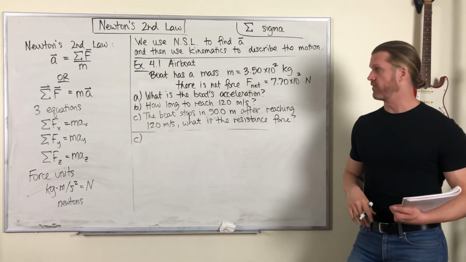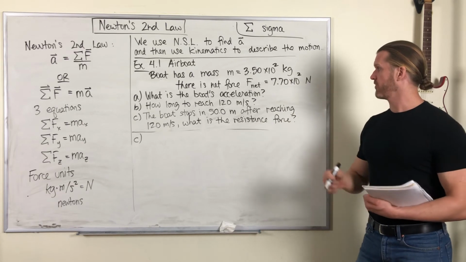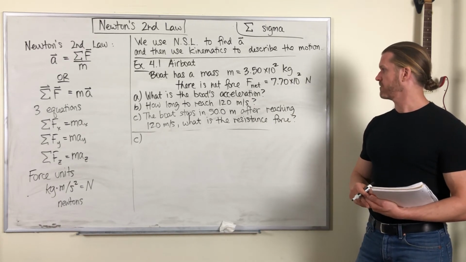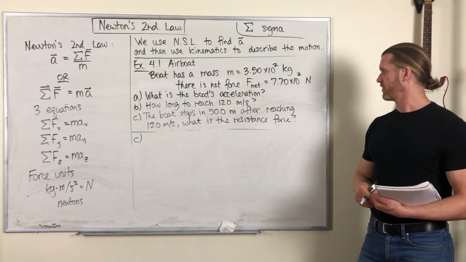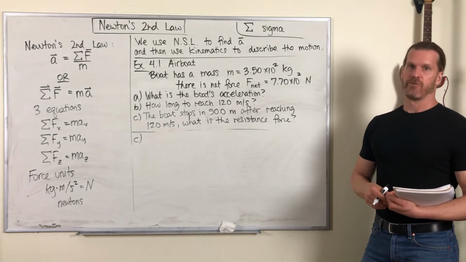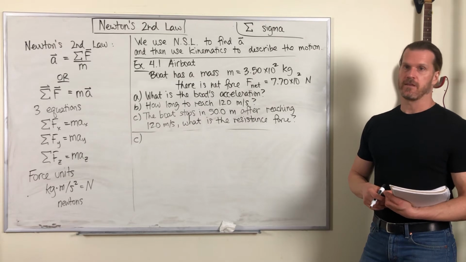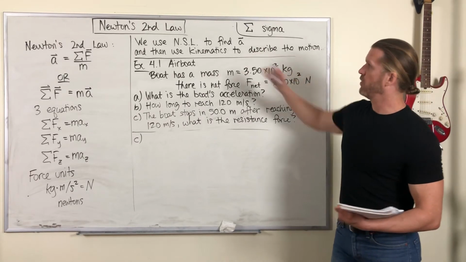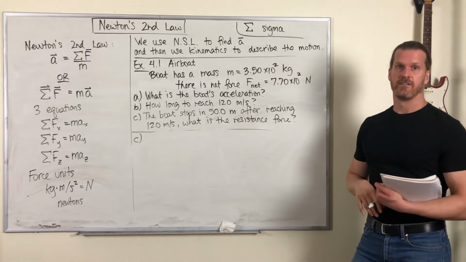Part C is a little more involved. It says the boat stops in 50 meters after reaching 12 meters per second. What is the resistance force? So in this scenario, we're going to need to use both Newton's second law and kinematics.